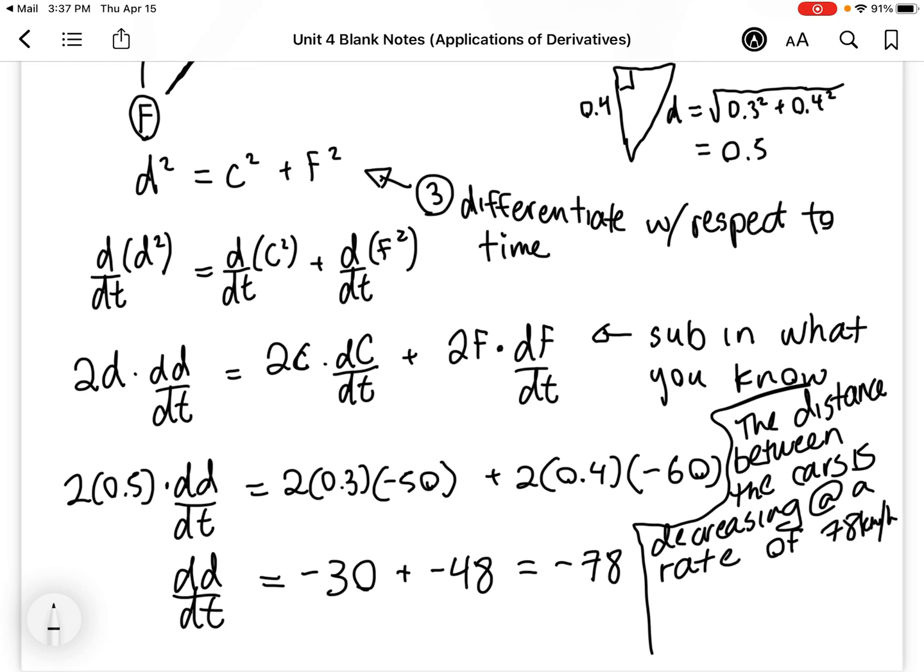Or you could say the cars are approaching each other at a rate of 78 kilometers per hour. That's another way of putting it as well. Okay? All right, so that's the first one that we're going to look at.